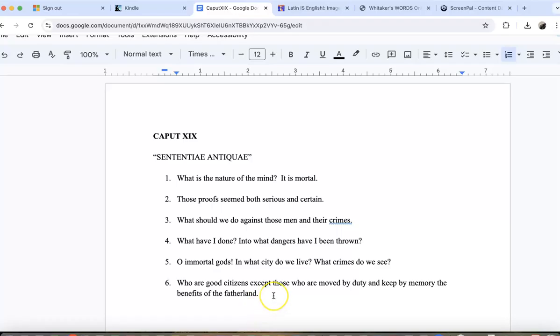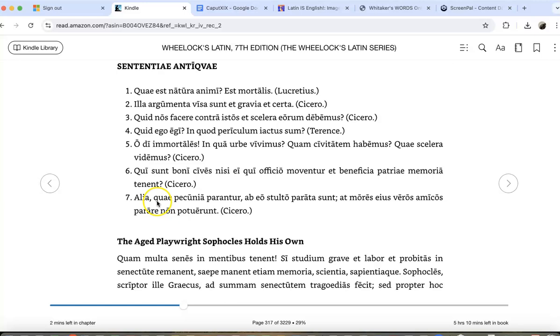The main idea is almost, and keep by memory what our forefathers did before us. In other words, their goodwill, their good deeds, their good actions got us to this point, in terms of still believing that we're living in a country worth living in. Seems to be Cicero's point, namely a republic.